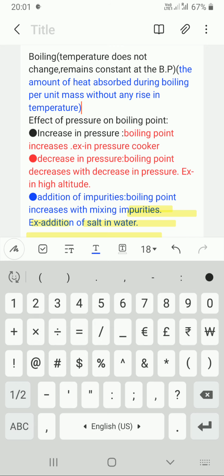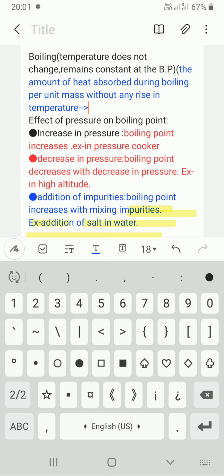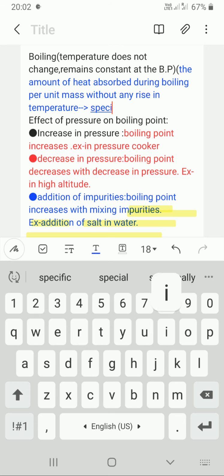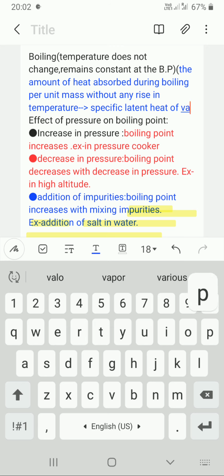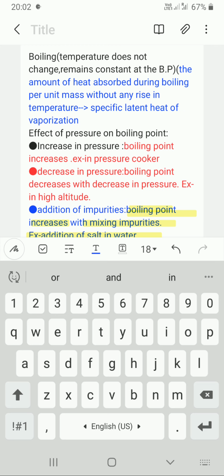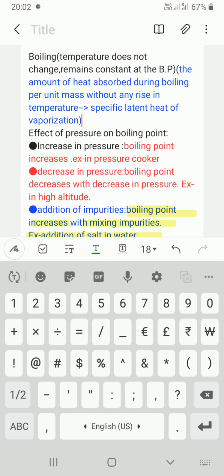So this is called specific latent heat of vaporization.